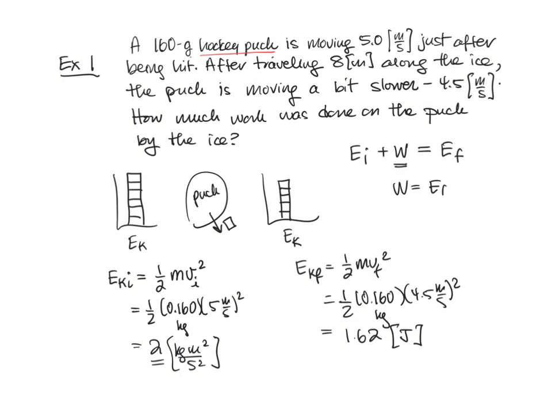Work equals final energy minus initial energy. Now we plug in our numbers: 1.62 joules minus 2 joules equals negative 0.38 joules. So the work done on the system here is negative. That kind of makes sense. We're removing energy because the object gets slower.